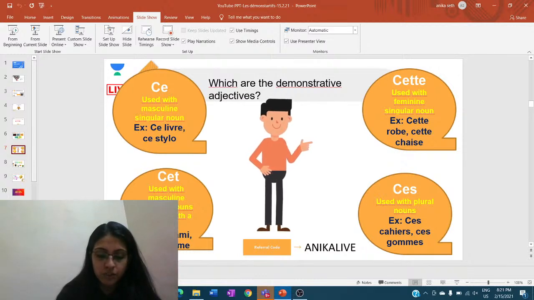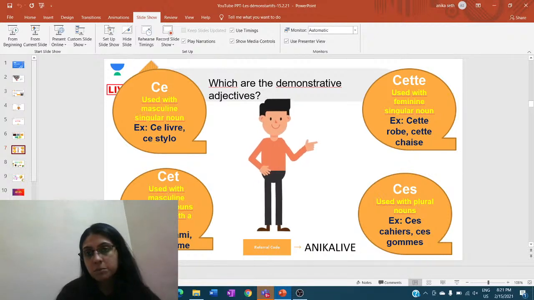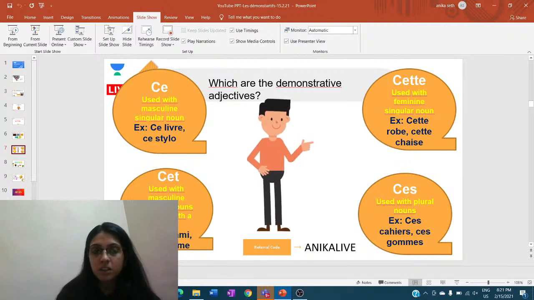Which of these demonstrative adjectives do you think we will use for feminine singular nouns which start with vowel? Will it be CET only or will it be CETTE? So first answer this and then we will see why.